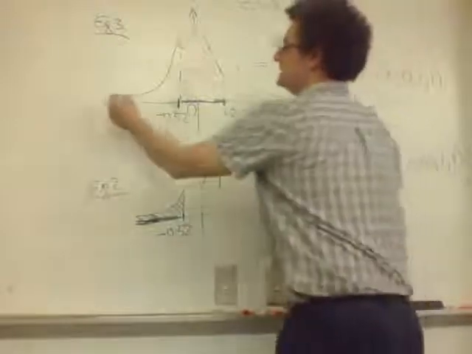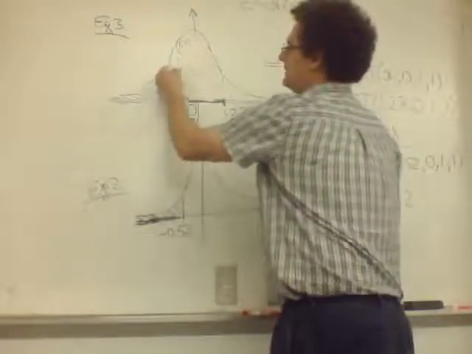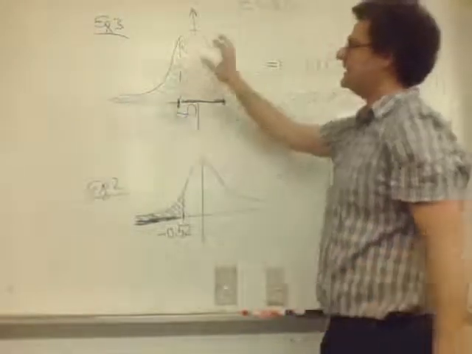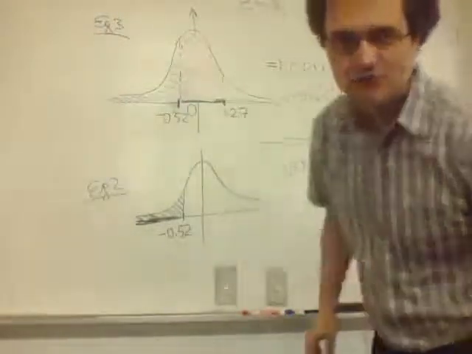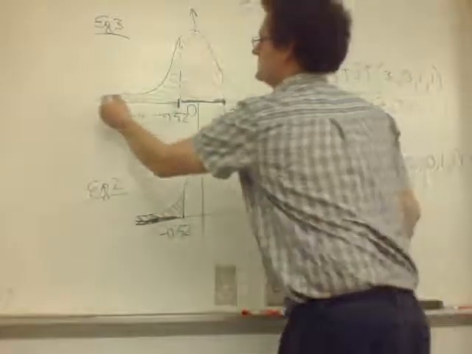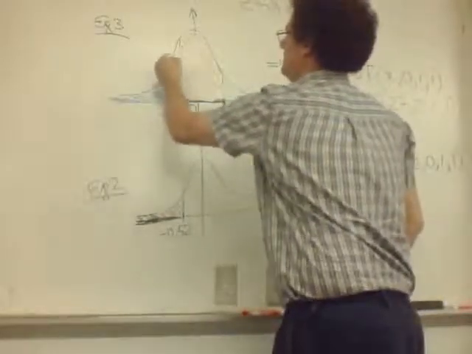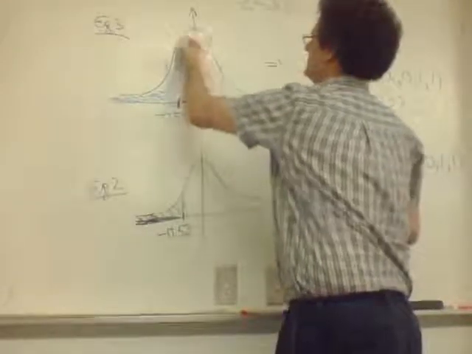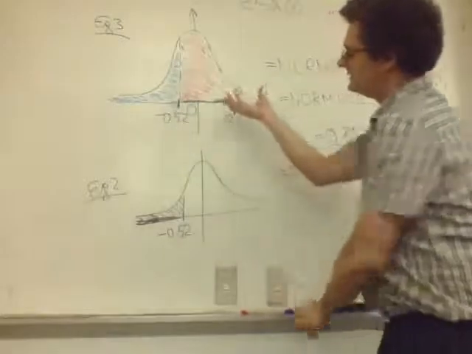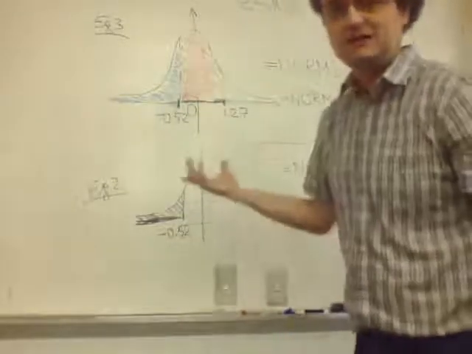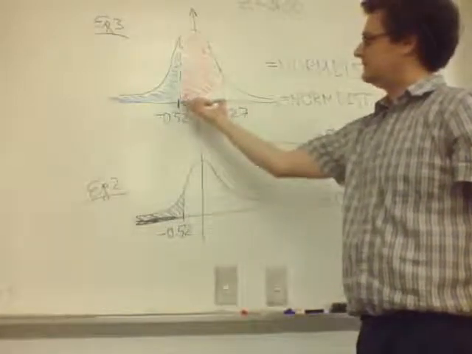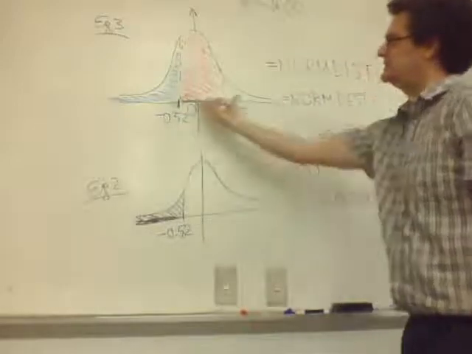So that means this part plus this part, so blue area plus red area. I don't know whether you see. So this is supposed to be blue, and this one is supposed to be red. Okay? So your goal is to compute this red area. That's the probability of the random variable falling into this region, into this interval.